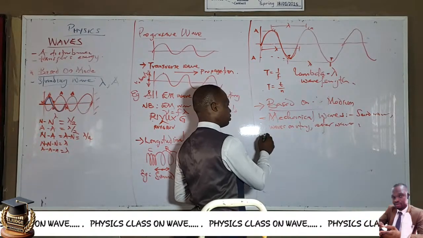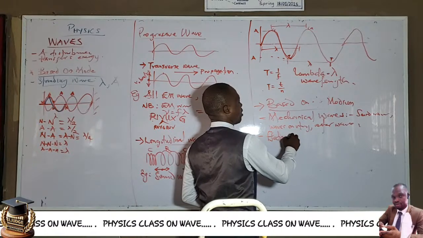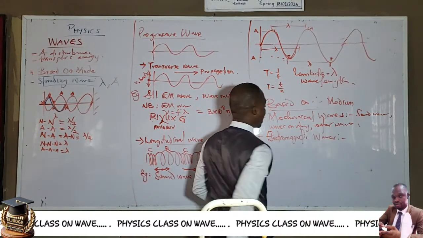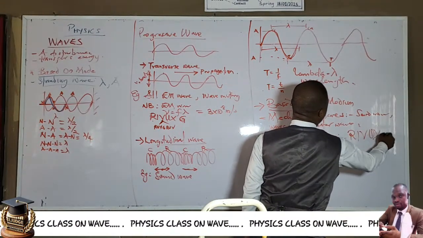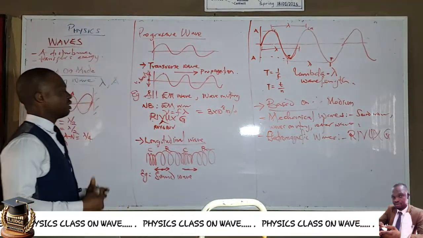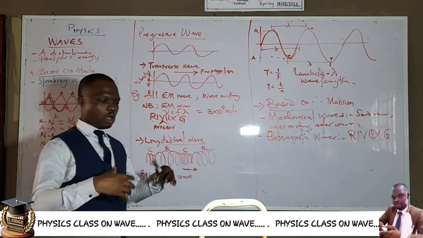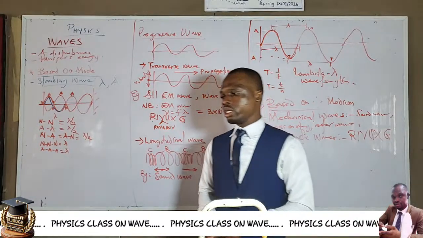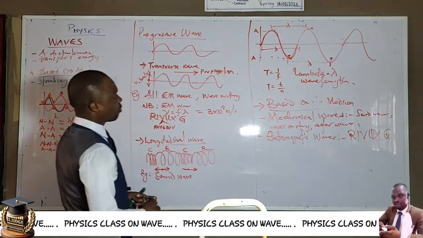Now, the other one is electromagnetic waves. Let me write this as reverse G. All these are the electromagnetic waves: the radio waves, the infrared rays, the visible light, the ultraviolet rays, the X-rays, then the gamma rays. They are all examples of electromagnetic waves.